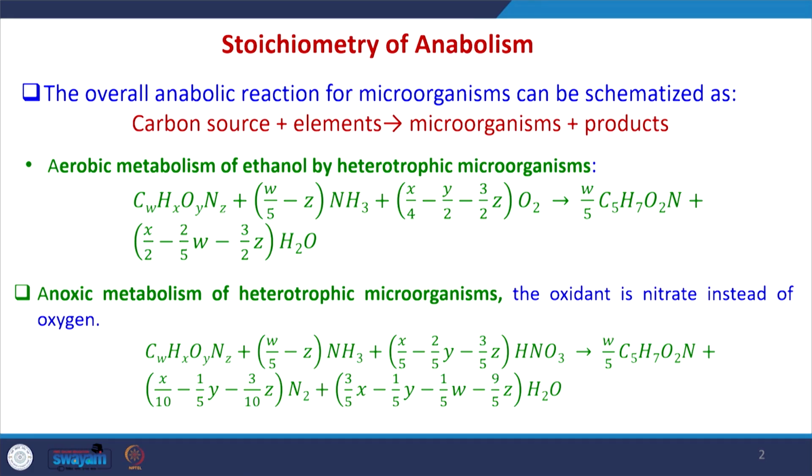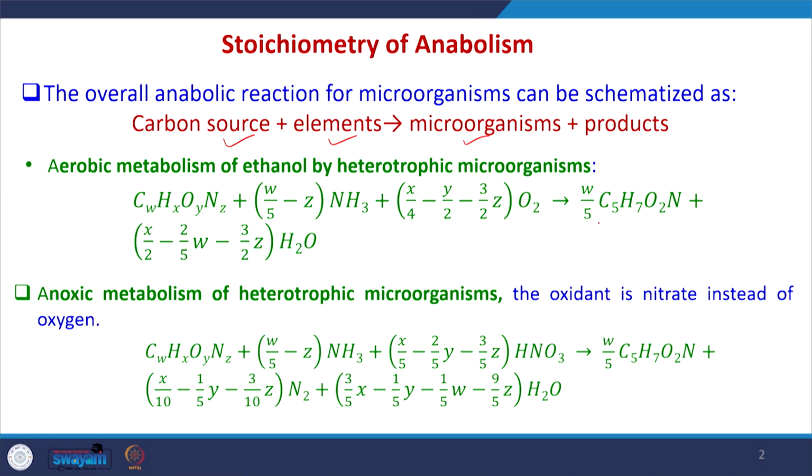So, this continues. In the previous lecture we studied the stoichiometry of anabolism, under which the overall anabolic reaction for microorganisms was schematized as some carbon source and some elements getting converted into microorganism.